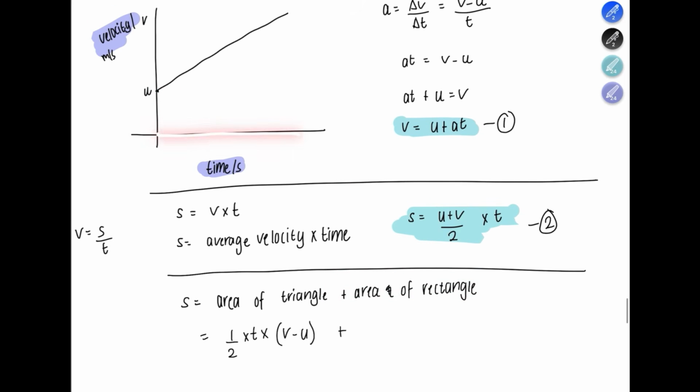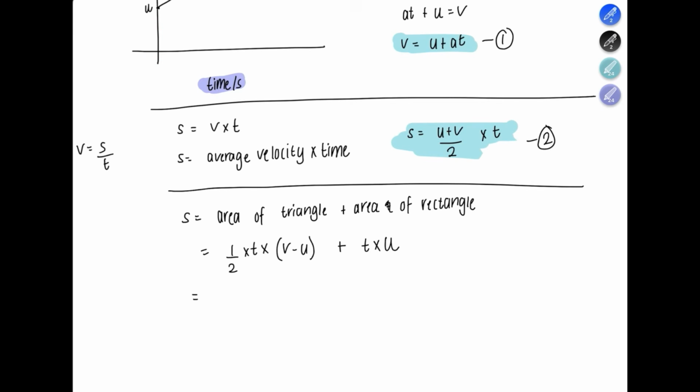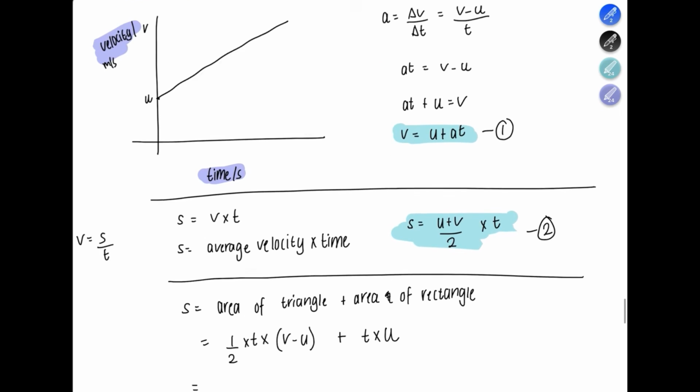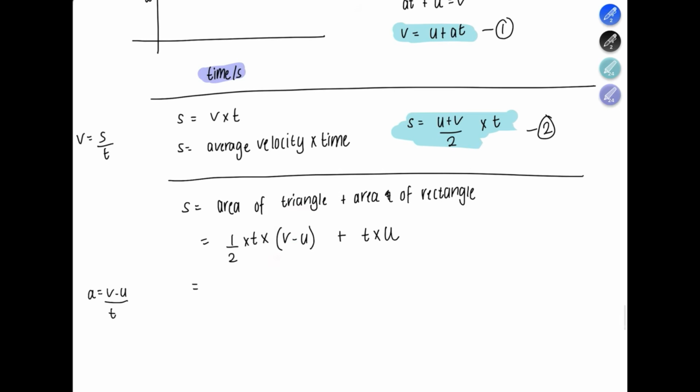This one is simply time multiplied by this height, which is u times t. Let's simplify this a bit. Before simplifying this further, we need to use this equation to get to our required final equation. So remember, acceleration equals final minus initial velocity divided by time. And if you see, we have v minus u.